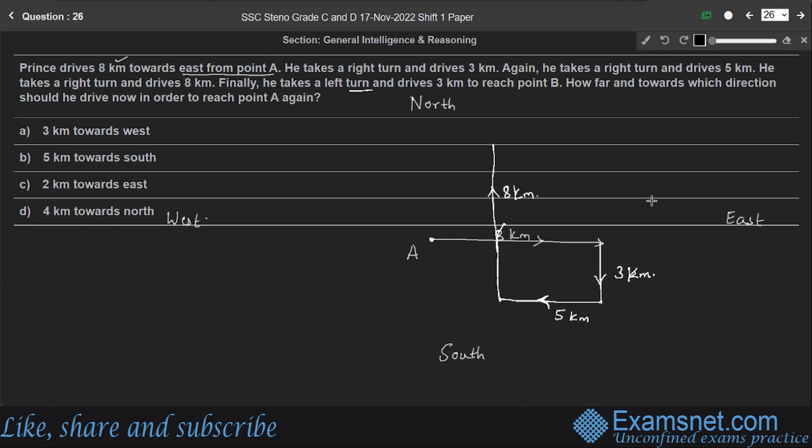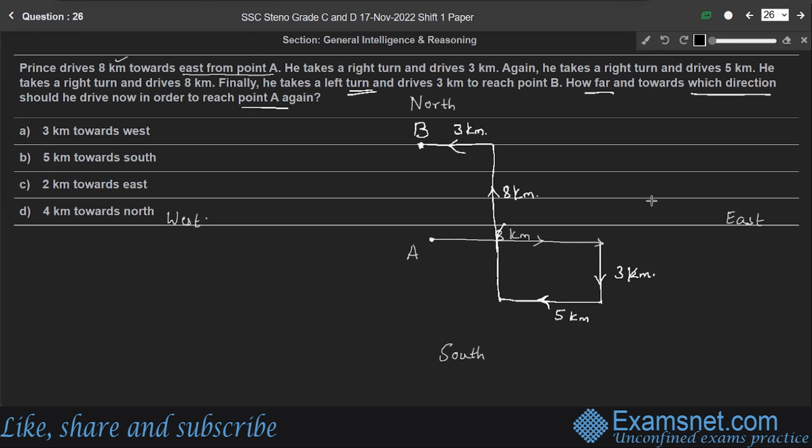Finally, he takes a left turn. Since he's facing north, his left means this direction, drives 3 kilometer to reach point B. So point B is here. How far and towards which direction should he drive now in order to reach point A again?